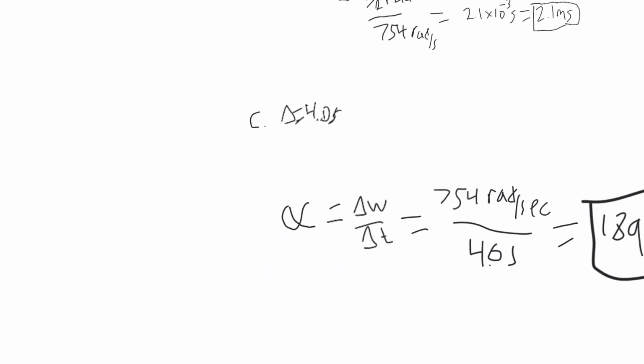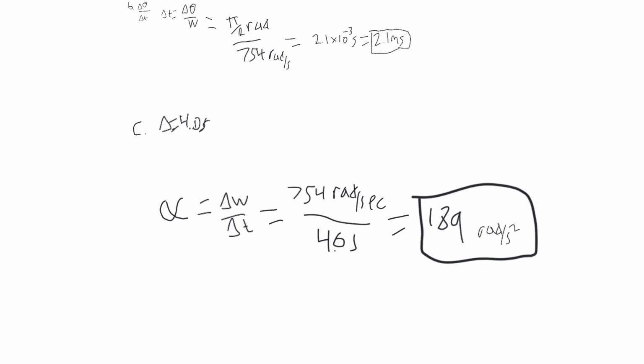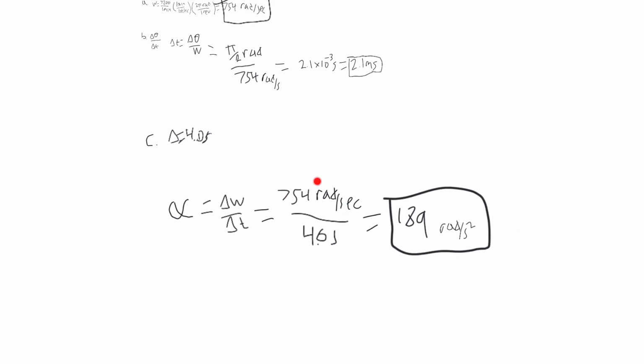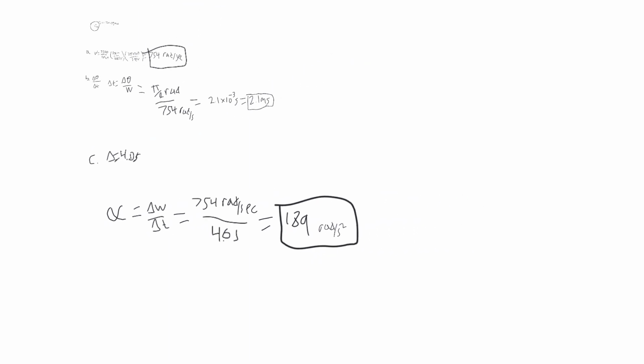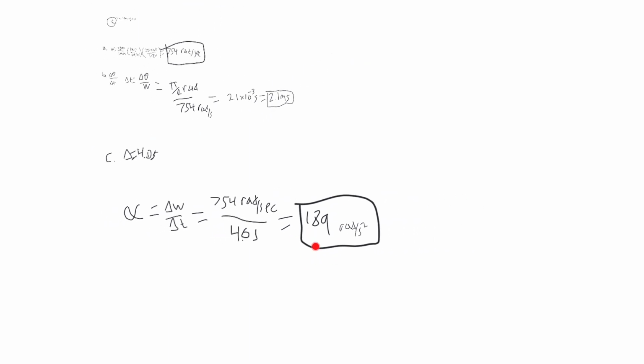The angular acceleration is equal to the change in angular velocity over the change in time. We already have the angular velocity, 754 radians per second, which we got in the previous question, over the change in time, which is 4 seconds. This should give us 189 radians per second squared, which is the angular acceleration.